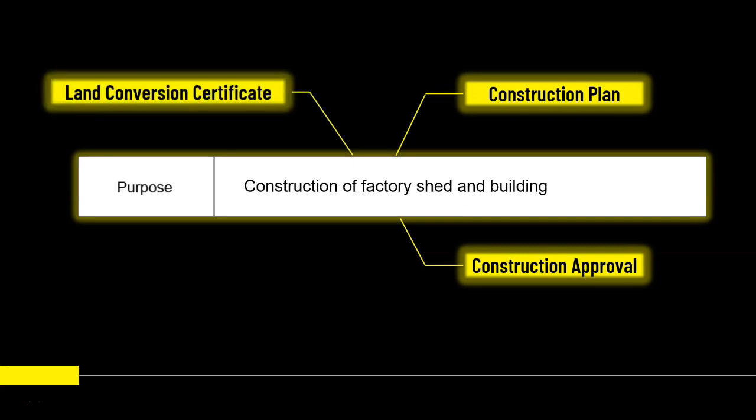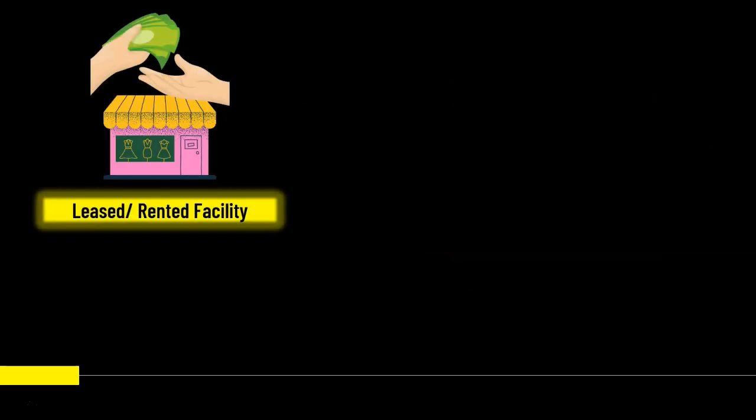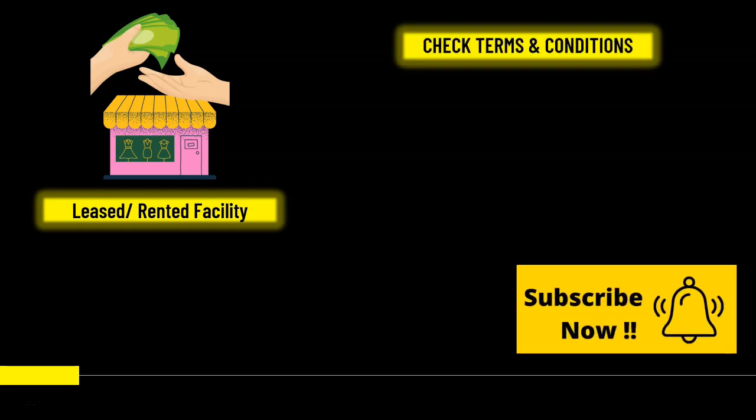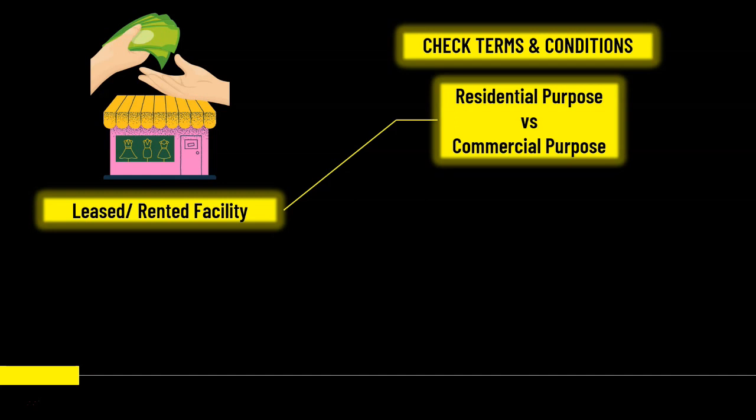Suppose you find out from the document that it is a leased land or a rented facility, then invariably you should check the terms and conditions of the lease. Just a few days back, I came across a lease agreement where I observed the lessor has actually leased out his apartment for residential purpose and the lessee plans to set up a commercial shop over there.